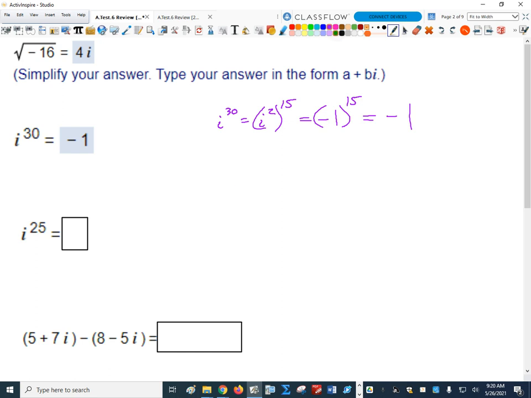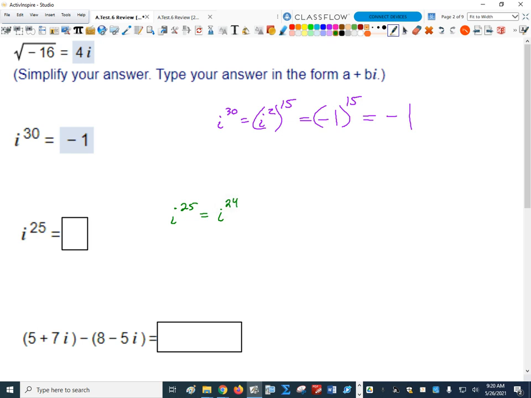An odd power of i, we're going to write it as the biggest possible even power of i times i, right? i to the 25th is i to what power times i?